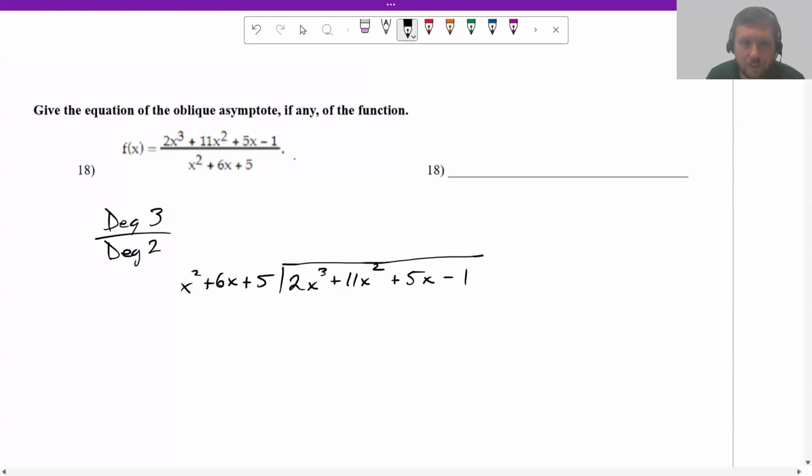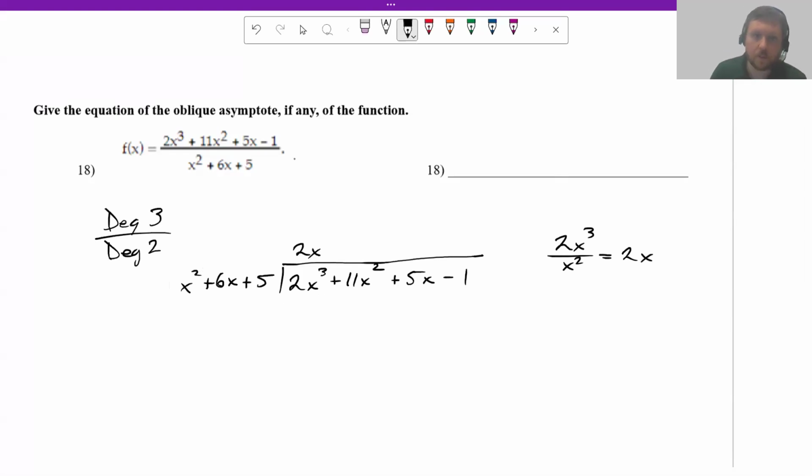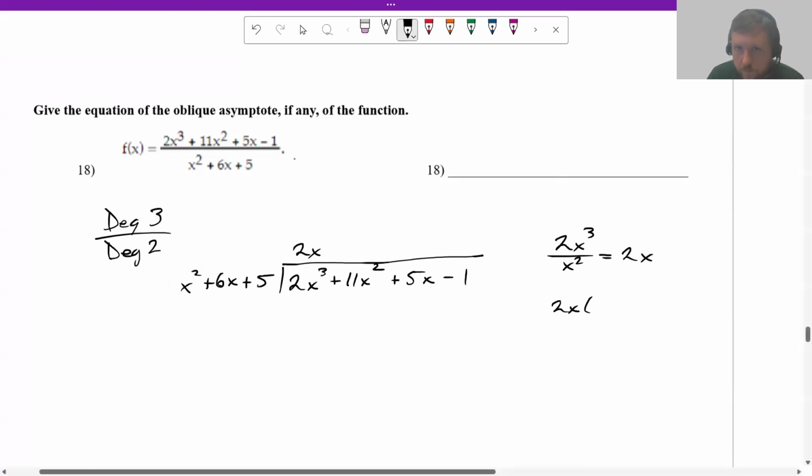Firstly, I'm going to take this 2x cubed divided by this x squared, and I get 2x. And I write it above the 2x cubed. Then I take the 2x and I multiply it into the x squared plus 6x plus 5.